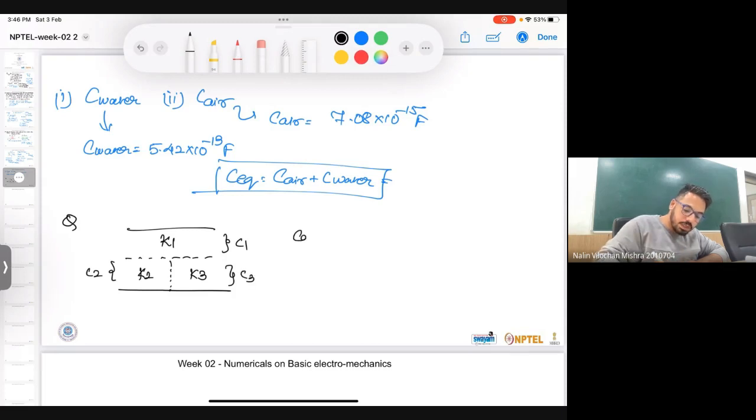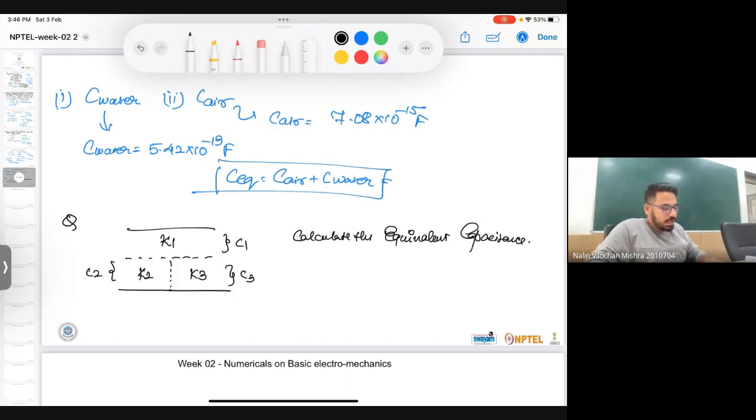You need to calculate the equivalent capacitance. Please try. Take the value of area as A, and the dielectrics K2 and K3 are arranged such that they are sharing half of the plate's area.